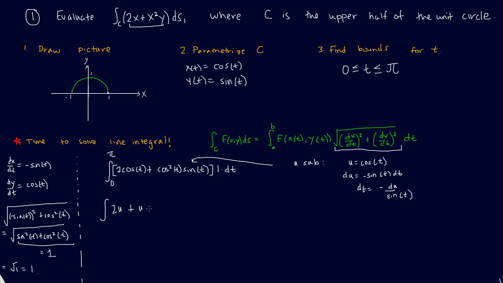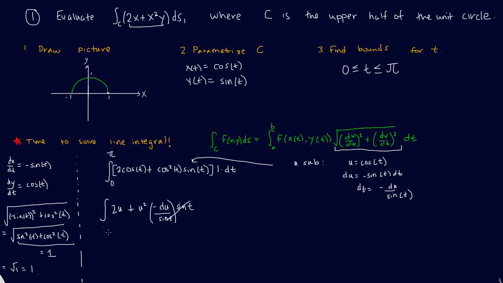Now, this dt expression is going to get plugged in for du, well, negative du over sine of t. And then this sine of t will stay. Well, the dt went away because we plugged in for dt. So this is nice because now these sine of t's cancel. So this whole thing is just in terms of u.